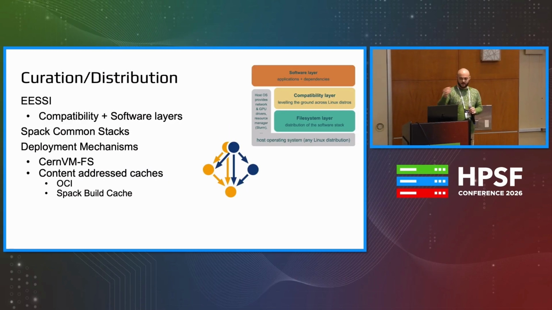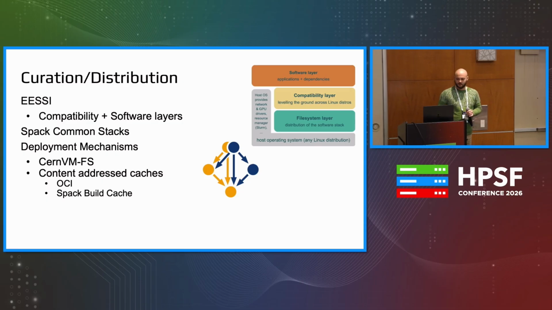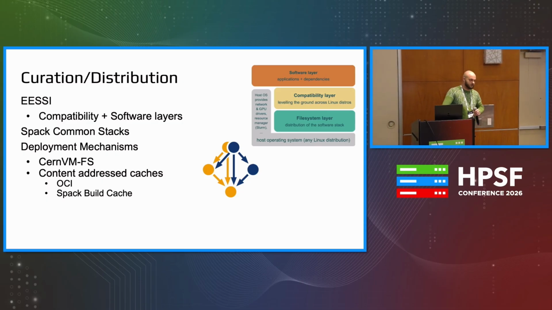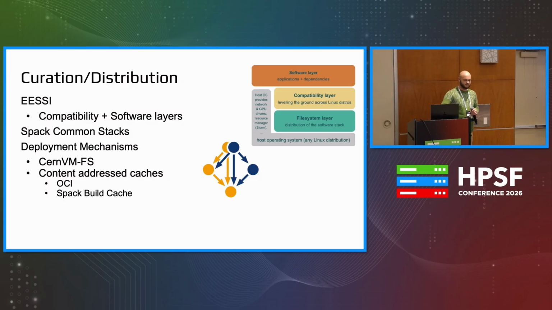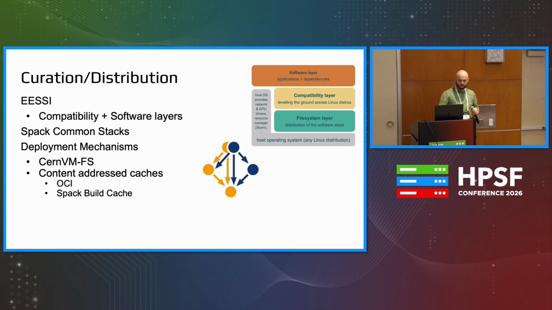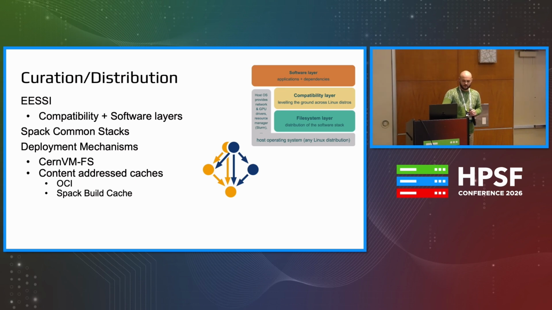So Easy, they have this layered system that they're using to do this with the compatibility layer and software layers allowing for relocation. SPAC, we're working on something called common stacks. I'll be talking about that in more detail on Thursday. So feel free to come to that talk. And then deployment mechanism.